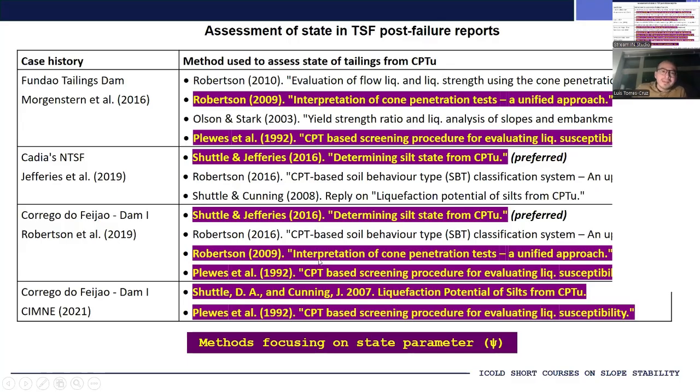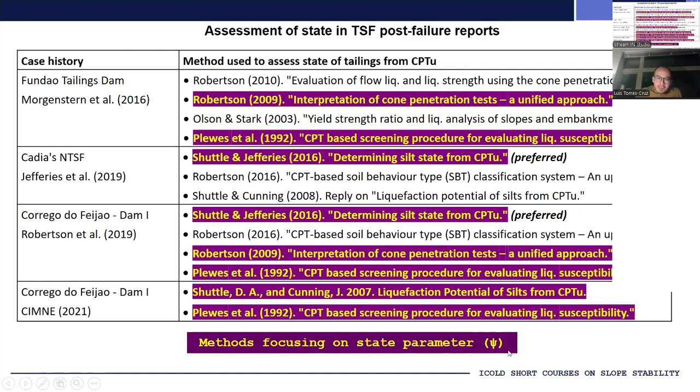And I have highlighted those references that focus on determining the state parameter. And you can see that there are quite a few references highlighted. We could say that most of them have been highlighted. In other words, most of them are focused on determining the state parameter.